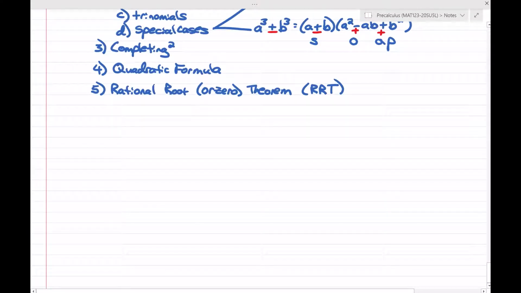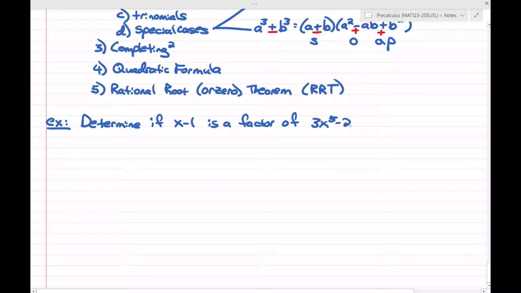So let's go over a few examples and we'll kind of build up to the rational root theorem. First example is determine if x minus 1 is a factor of 3x to the 5th minus 2x to the 4th plus x to the 3rd minus 8x squared plus 5x plus 1.